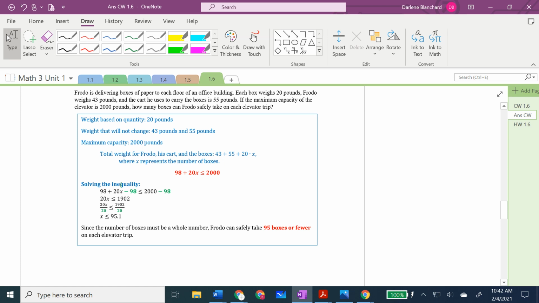Exactly. If I was being tested, I'd probably just put just about 95, and then in the writing portion, I would probably put he could take up 95 full boxes in a small bag of paper.